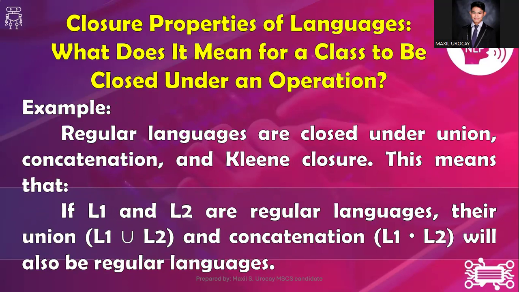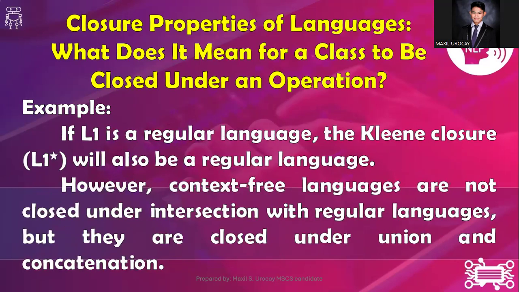So the result will also be a regular language, since it still belongs to that set. However, context-free languages are not closed under intersection with regular languages, but they are closed under union and concatenation.